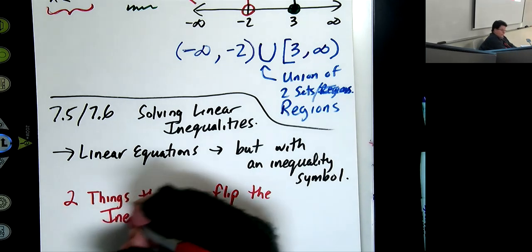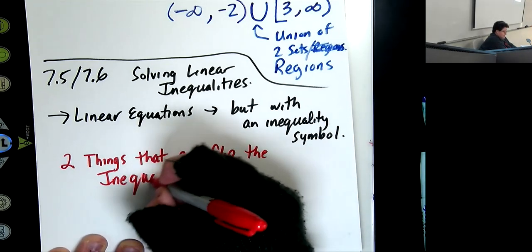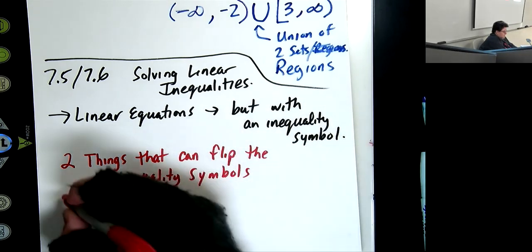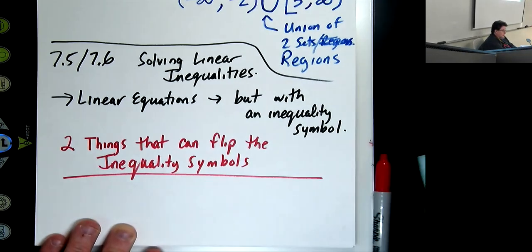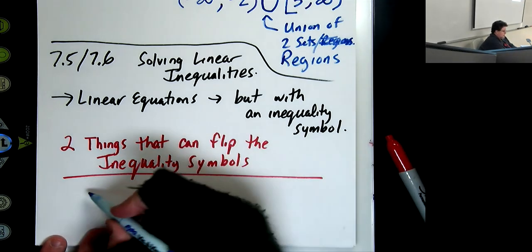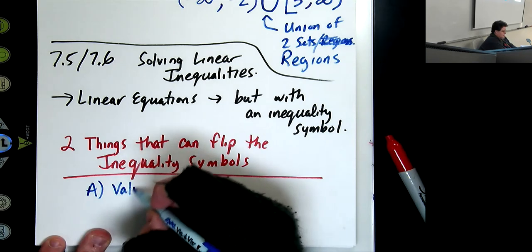We already talked about one of them. The first one is if the values swap sides with no math.